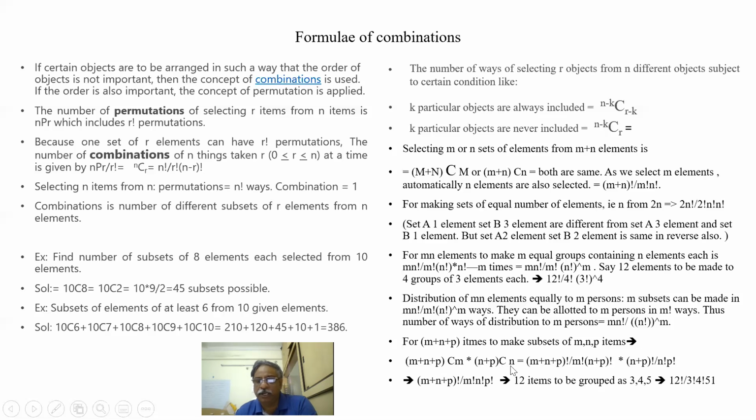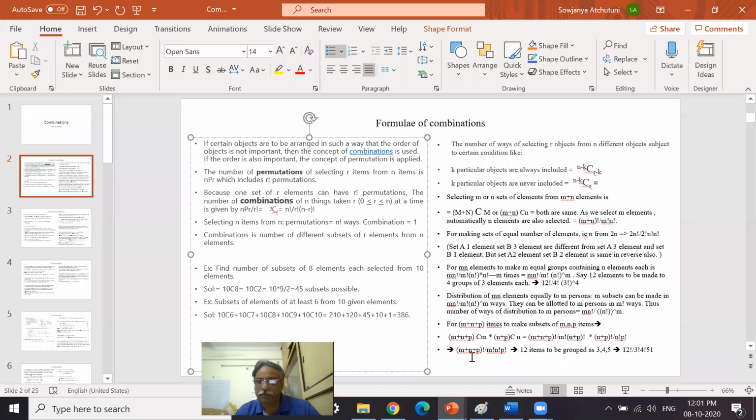So from n plus p, I have to select n. Then automatically p is selected. If I multiply this, I get the same formula. M plus n plus p factorial by m factorial, n factorial, p factorial. So when I simplify it, what am I getting? M plus n plus p factorial by m factorial, n factorial, p factorial.